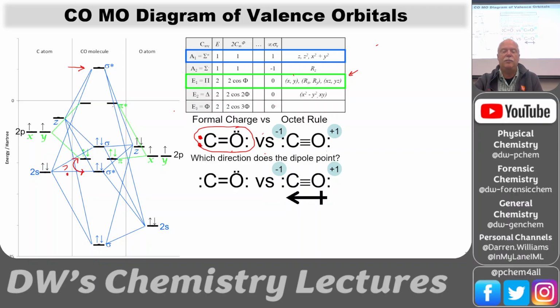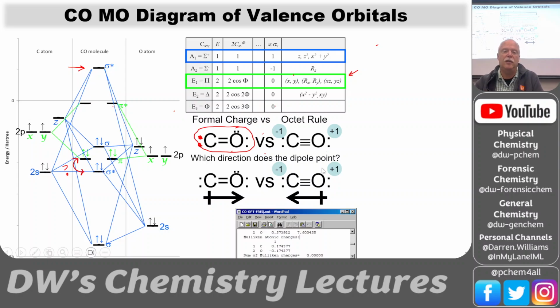And so in this case, the positive end is on the oxygen. But in this case, the positive end would be on the carbon. And so that's interesting. So if we do the Gaussian calculation, we can see that the oxygen is a little bit more negative. Okay, so it kind of fits the reduction of formal charge. So this one right here.